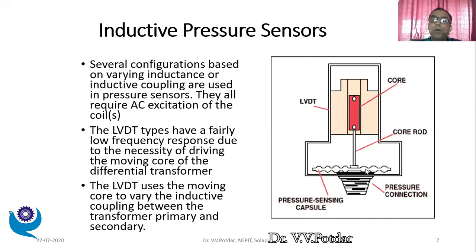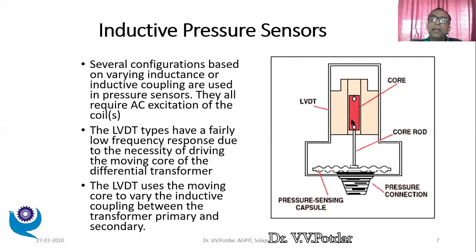It's sort of a bellow or a diaphragm. And what happens is, after application of pressure, this capsule expands. Because of application of pressure, whether it is a gas or a liquid, let us say fluid, that fluid pressure, it makes this capsule expand and you get a linear motion of this core rod.